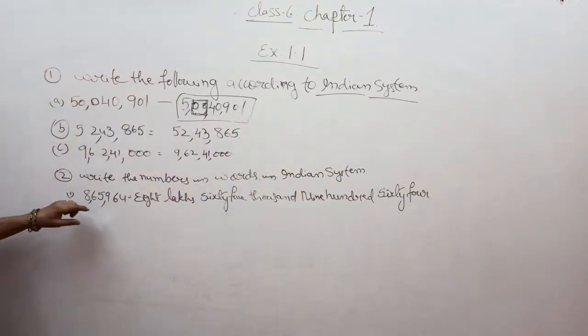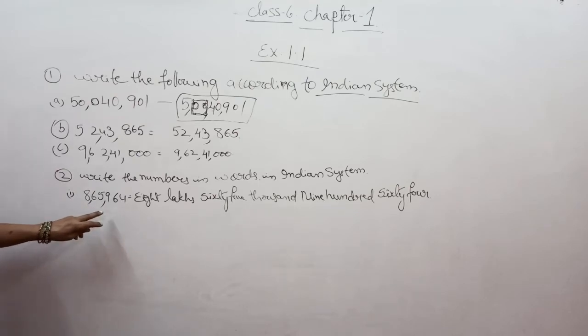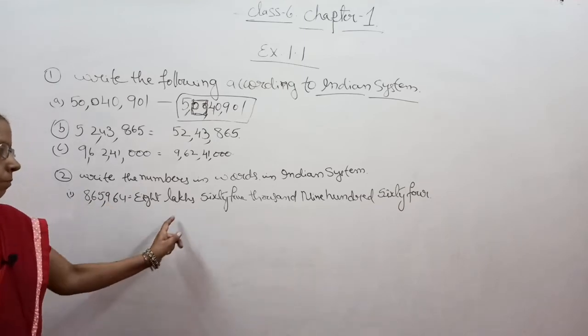Whenever the number is given without any commas, then simply we have to put commas, then we can write the number in words easily.